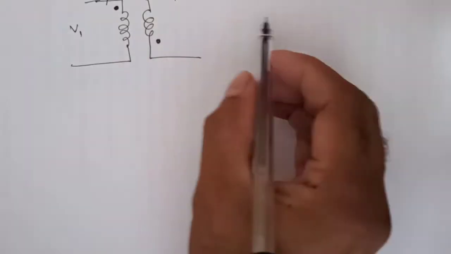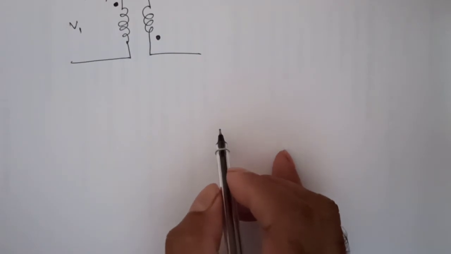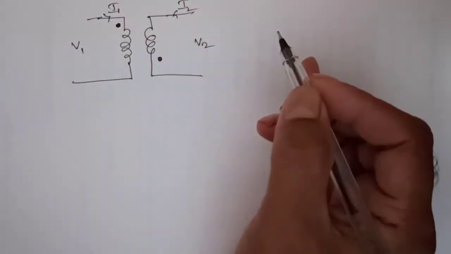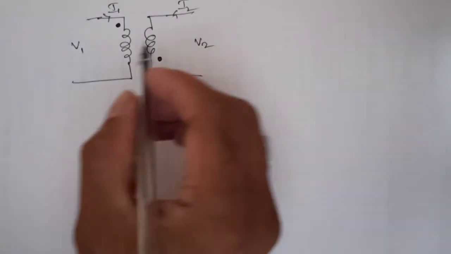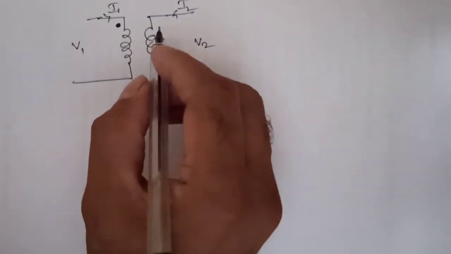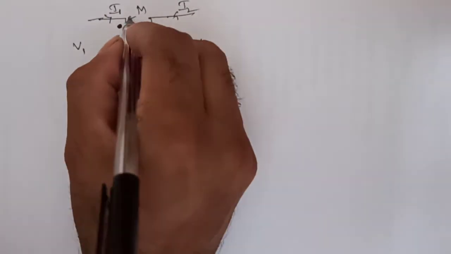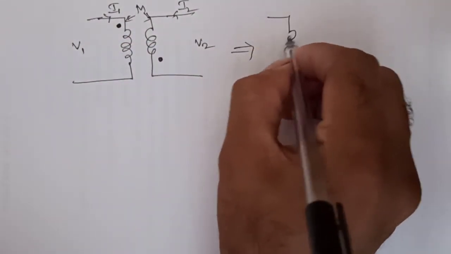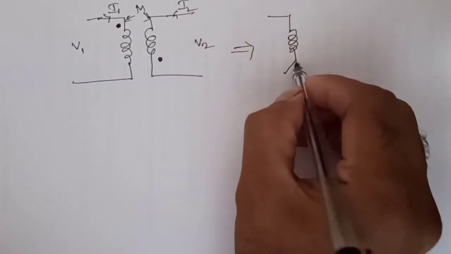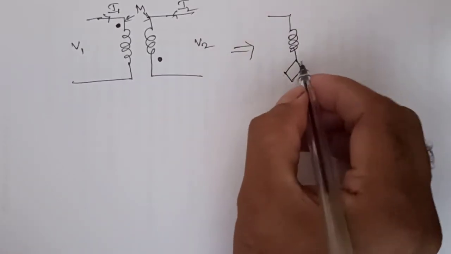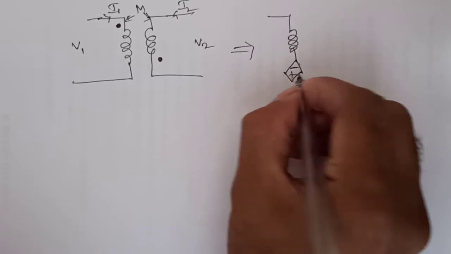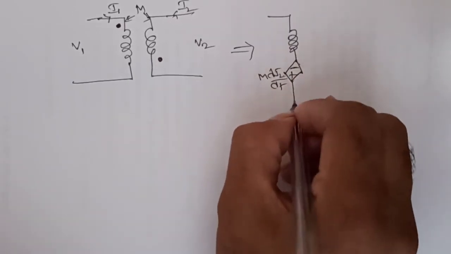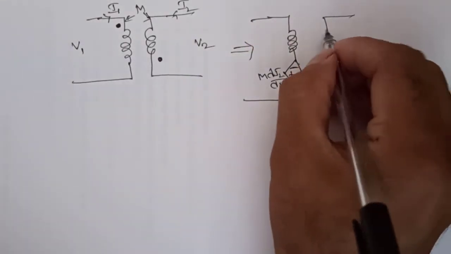So in this case, the equivalent diagram can be drawn with minus plus M into di2 by dt as the mutual induced voltage.